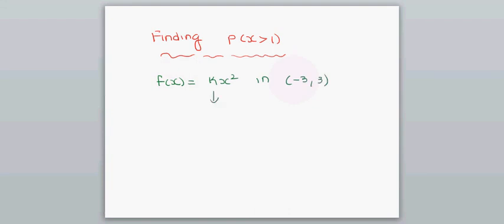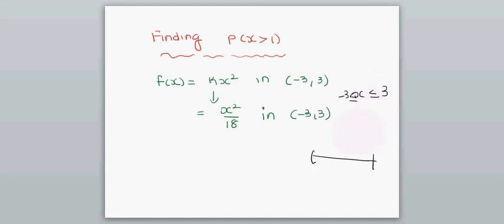And you know the k value is 1/18, so this is x²/18 in the interval -3 to +3. And now we have to evaluate x greater than or equal to 1. It means we have to evaluate the area for x greater than or equal to 1, and the upper limit we have is x less than or equal to +3 and greater than or equal to -3.